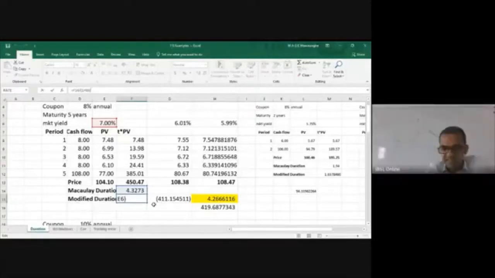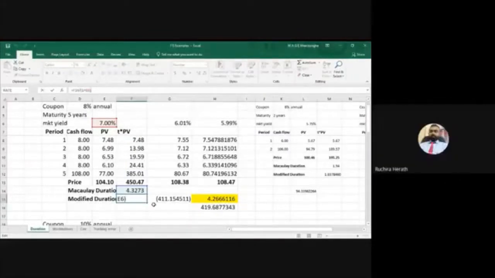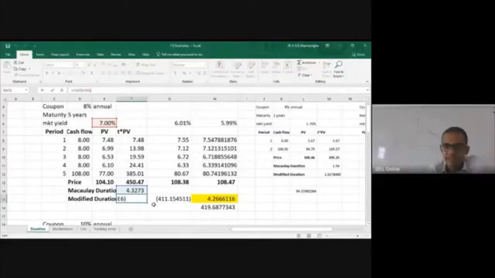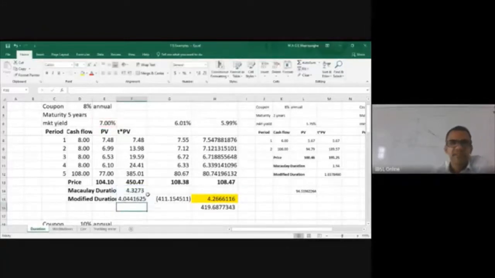Yield is the required rate of return for the investor. That is the difference. Even though the issuer has agreed to pay 8% annually, with the current interest rates in the market, the investors are happy to take only 7% return.